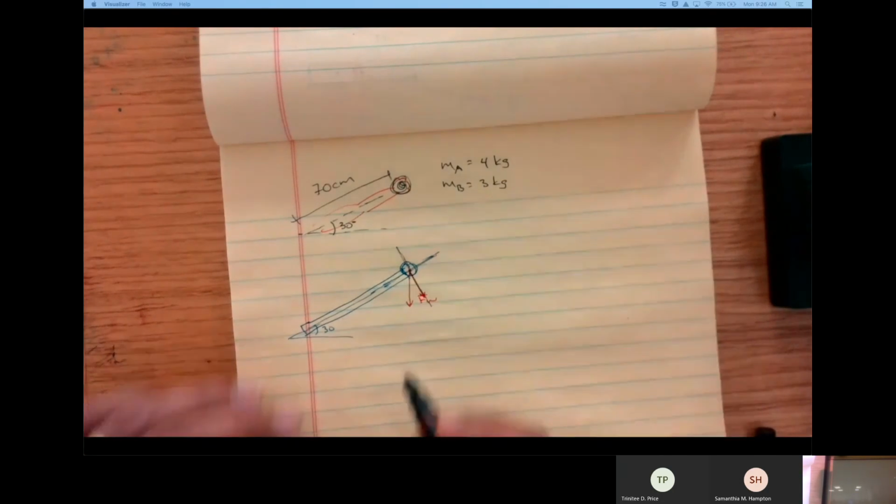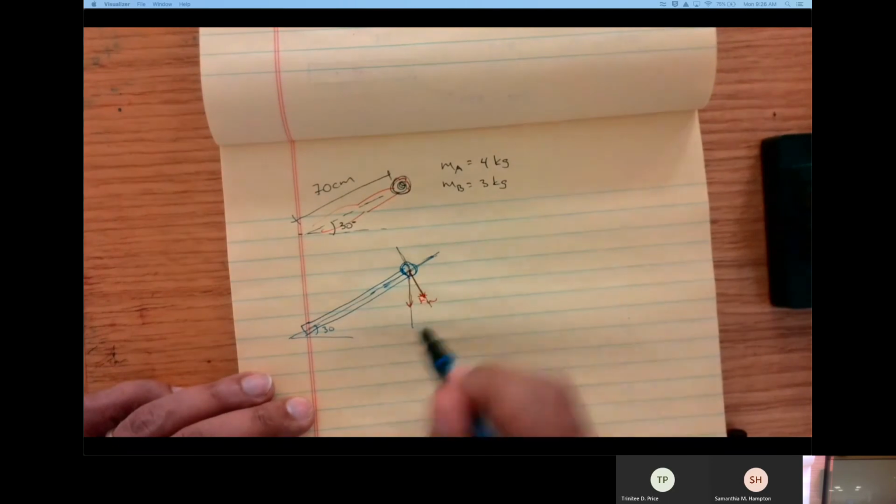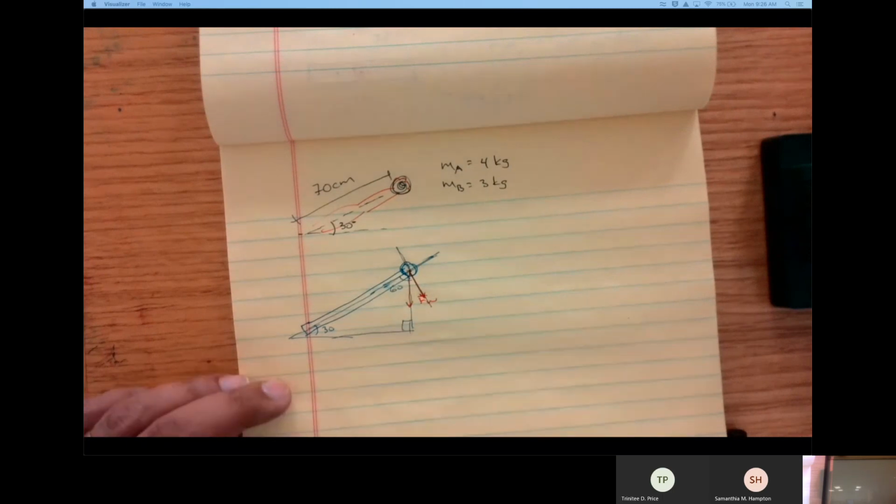Here I'm going to have 90 degrees, and if this is 30, this is going to be 60. And this over here is going to be 30 degrees too.